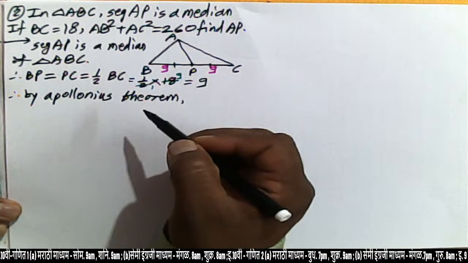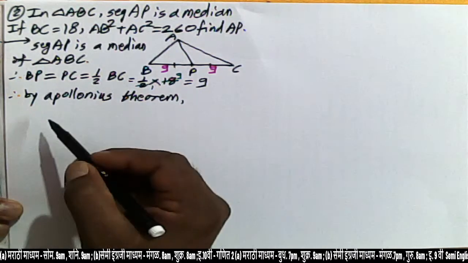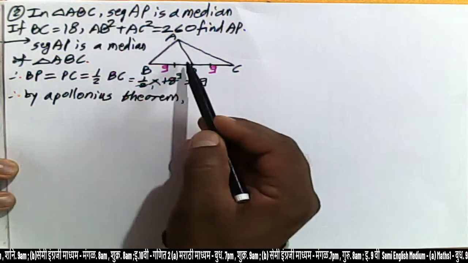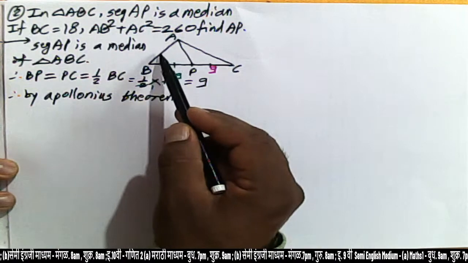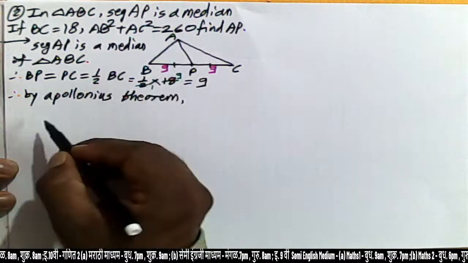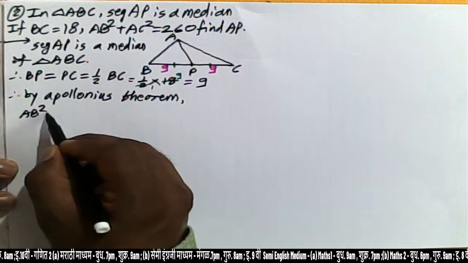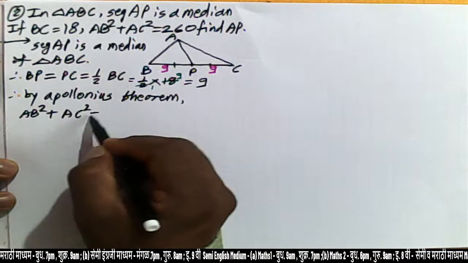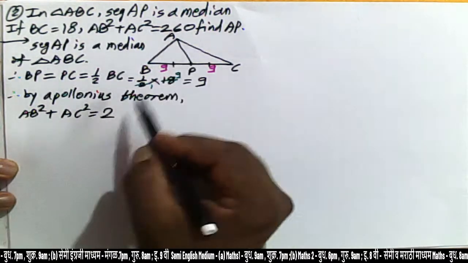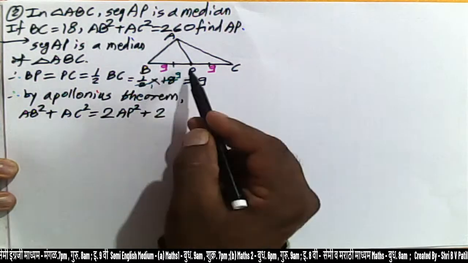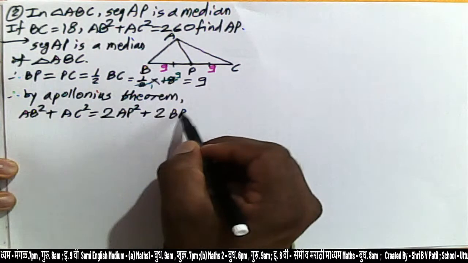Good answer. AP is the median, then the left side is AB, the right side is AC. AB square plus AC square is equal to twice the median square, that is AP square, plus twice one part square, that is BP square.